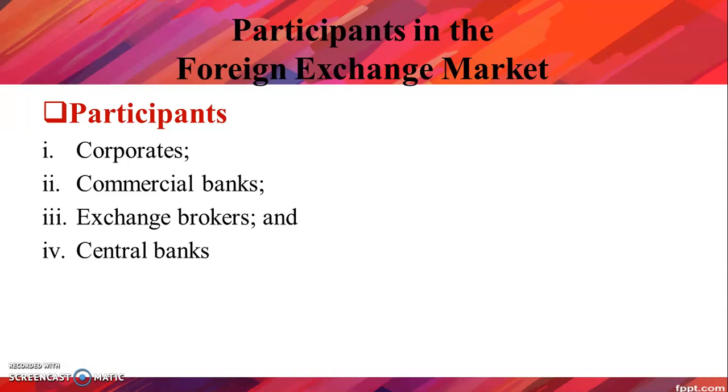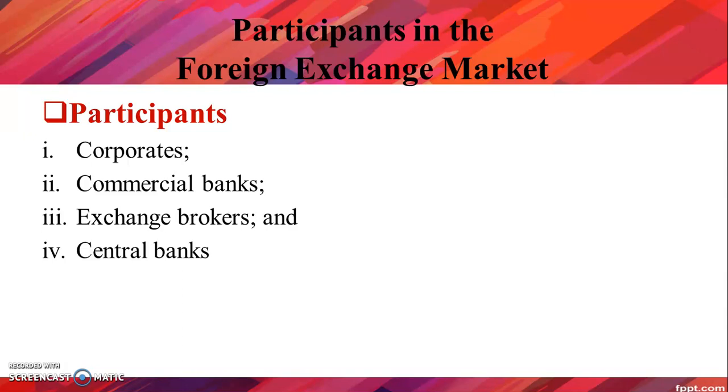Commercial banks are the major players in the market. They buy and sell currencies for their clients. They may also operate on their own business. Exchange brokers facilitate deals with banks. Exchange brokers ensure that the most favorable quotation is obtained at low cost in terms of money and time.